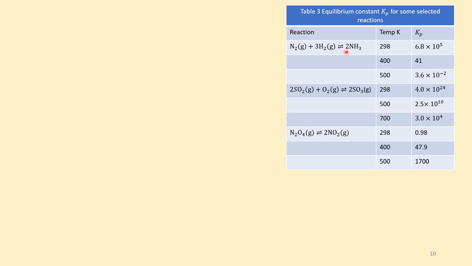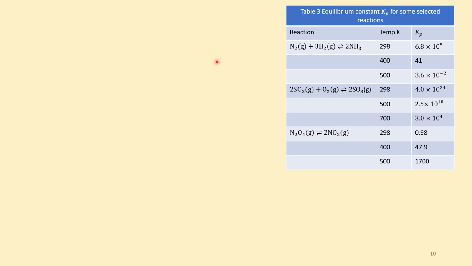The value of Kp for this reaction is 6.8 into 10 to the power of 5 at 298 Kelvin. Similarly, the value of Kp is 41 at 400 Kelvin. When the temperature is 500 Kelvin, the value of Kp is 3.6 into 10 to the power of minus 2. Please note down the second and third reactions also, with the value of Kp in column number 3 and temperatures in column number 2.